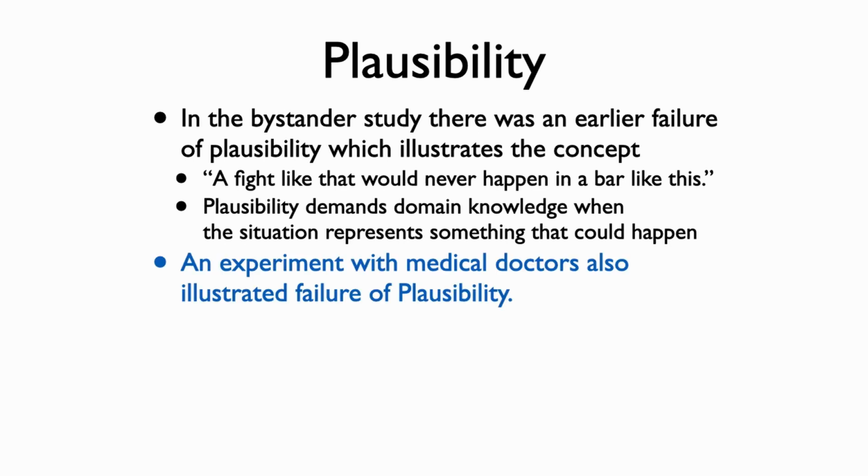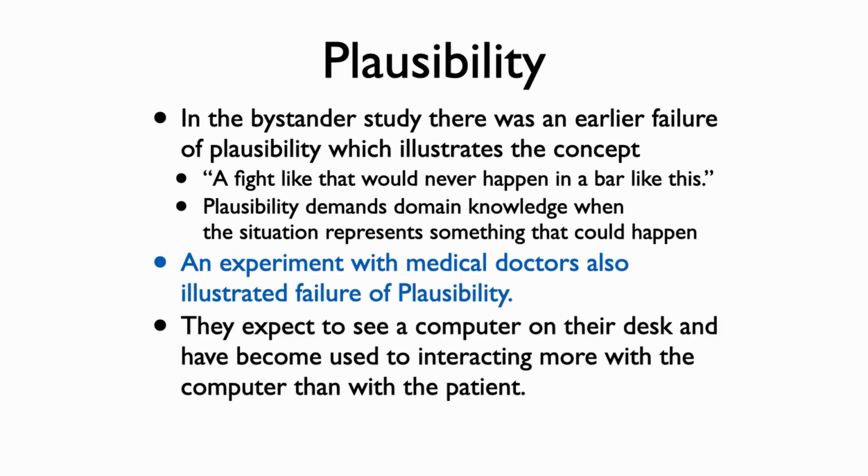We also carried out an experiment with medical doctors, which also illustrated a failure of plausibility. Medical doctors these days, I don't know if you've been, probably not recently, by the way, but if you've been to a medical doctor, you know they spend a lot of time now looking at their computers rather than at you, the patient. And when we did a study and there wasn't a computer on the virtual desk of the doctors, then they said that this didn't really work for them.